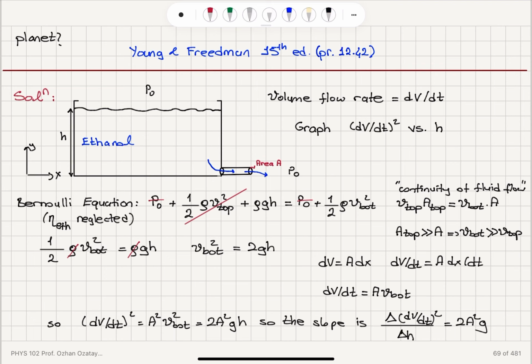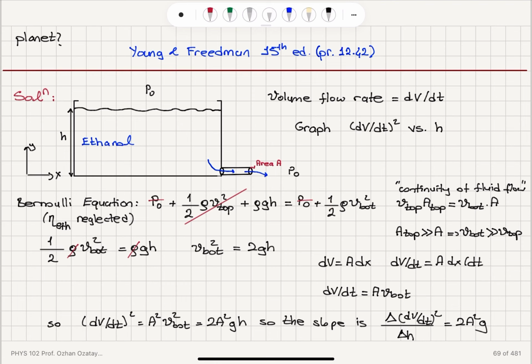Bernoulli's equation is a statement of energy conservation. The outside pressure P0 plus 1/2 rho V top squared for the top surface motion, plus rho gh potential energy term, is equal to P0 plus 1/2 rho V bottom squared. Here y is equal to 0 at this interface. Because both sides are at the atmospheric pressure, they cancel.